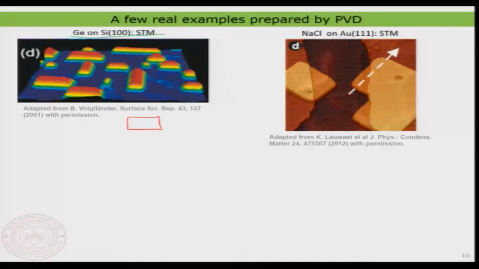Now when you look at sodium chloride on gold 111 surface, you remember we have already discussed this in the previous class. In this case the islands that are forming look more or less square in shape. So the symmetry itself tells me that sodium chloride is playing a major role in the final ad layer formation.